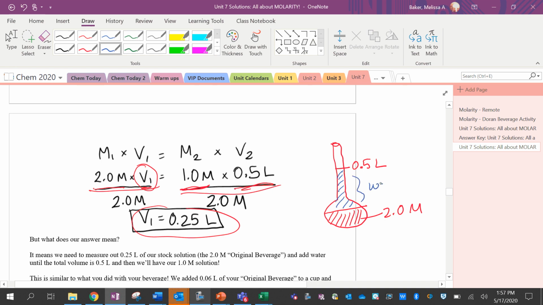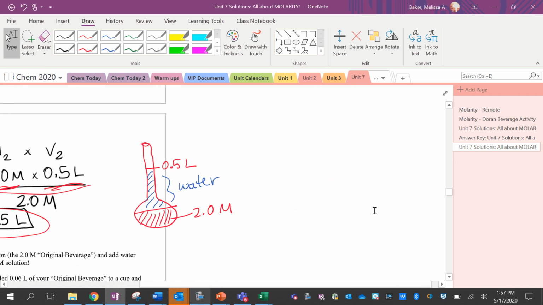So this is just water. And then you would mix it up. Once it's mixed up, it's going to be a mixture of the water and the solution. So now the entire thing has a weaker concentration because half of it's water.